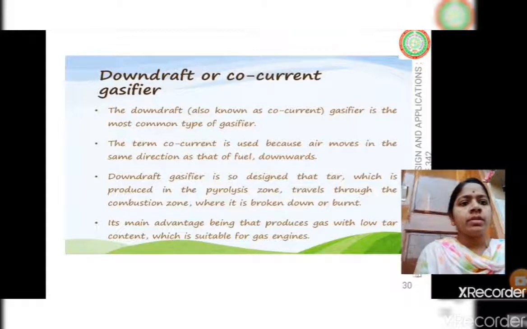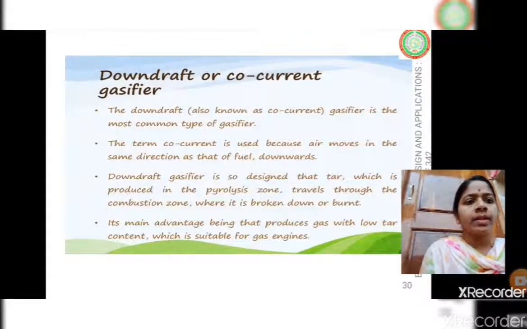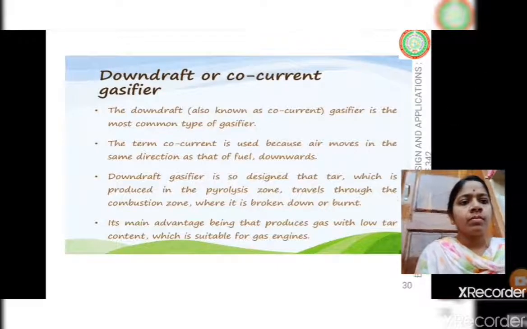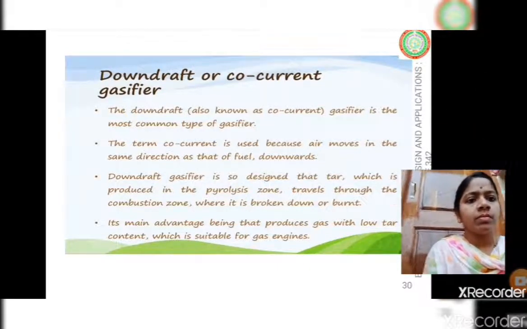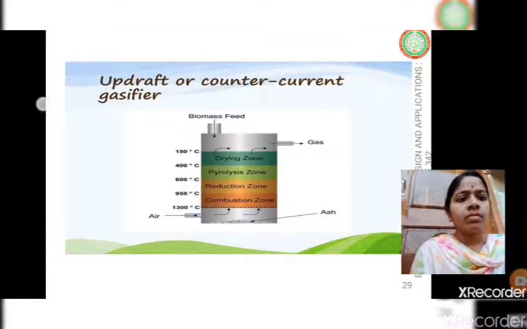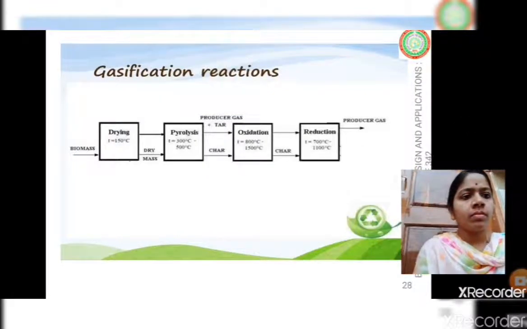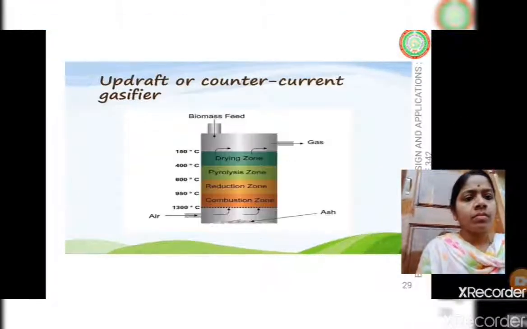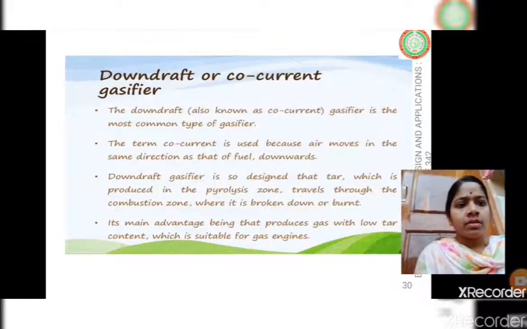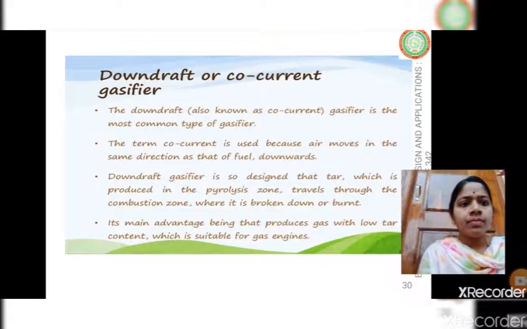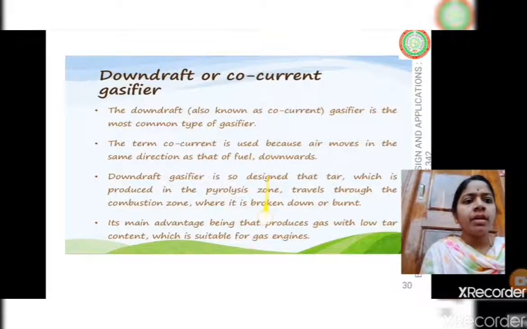Next, the downdraft or co-current gasifier, as the gas and air along with the biomass move in one direction.